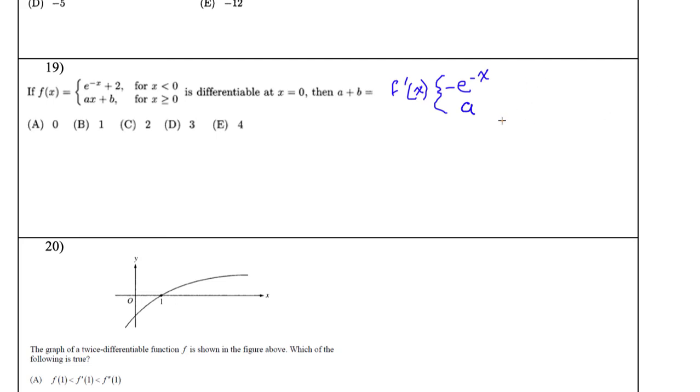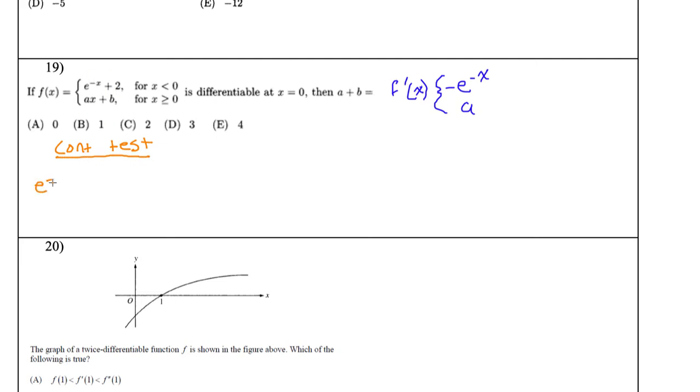From here, we're going to set the left piece equal to the right piece and plug in our suspect point. Right now we're just working with a continuity test. The continuity test tells us to set the left equal to the right for just f.